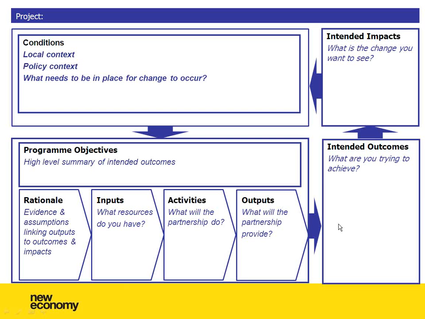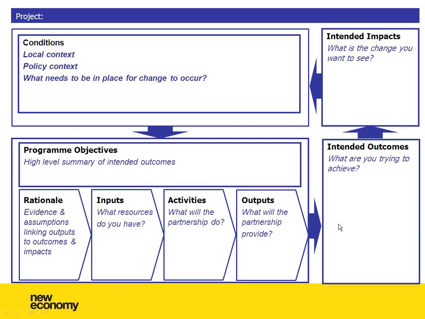Another example, if your output target was around those 50 volunteers that I just talked about, then the longer term outcomes within the community would be more people volunteering, more people giving their time to support community activities, for instance. So outcomes, those medium to longer term consequences of your activities and your outputs.